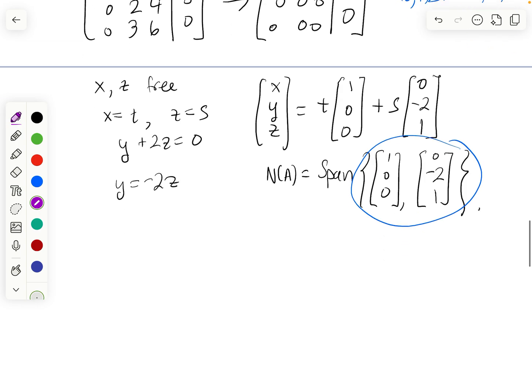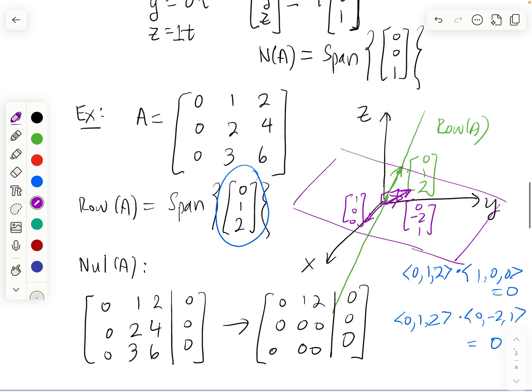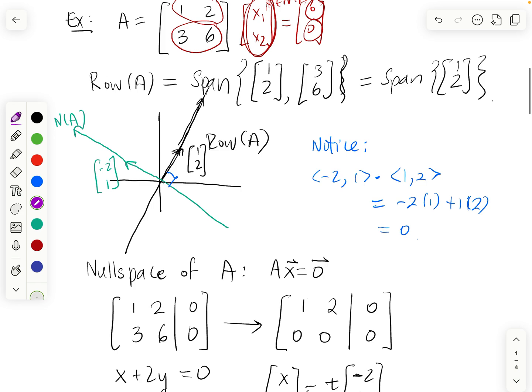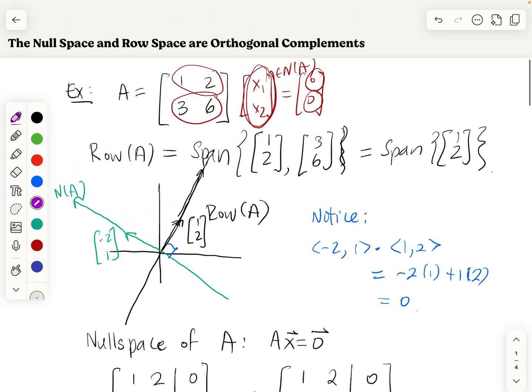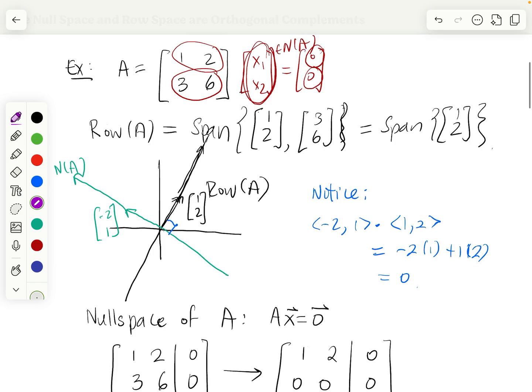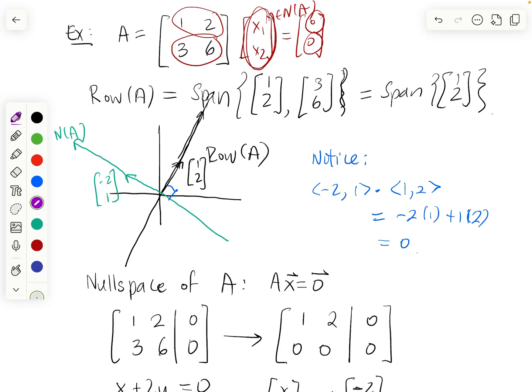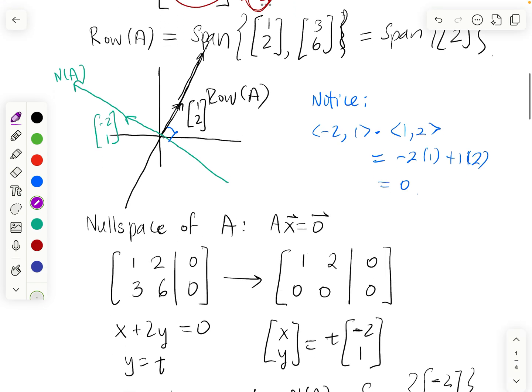And these examples illustrate, if you go back to all the examples we did, in the first example, the null space and row space are perpendicular to each other. They form a 90-degree angle. Here, the row space and null space are lines, and the dimensions match up: the null space is one-dimensional, the row space is one-dimensional, 1 plus 1 is 2, and 2 is the number of columns.